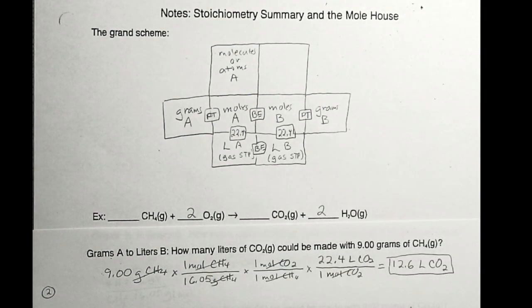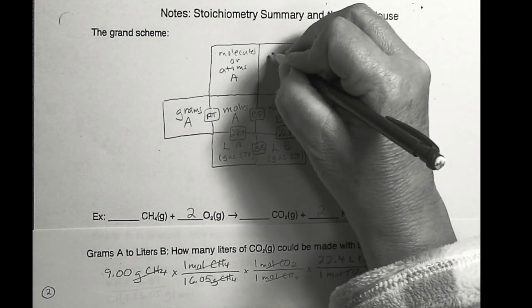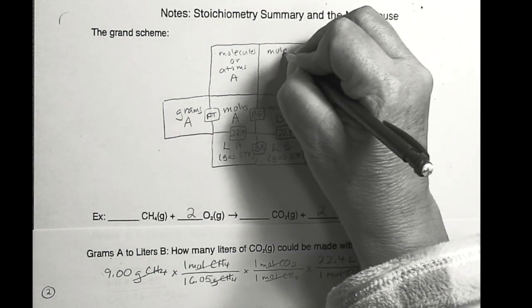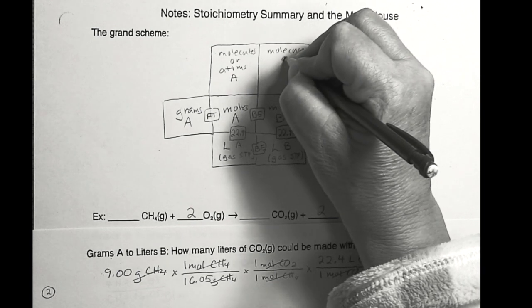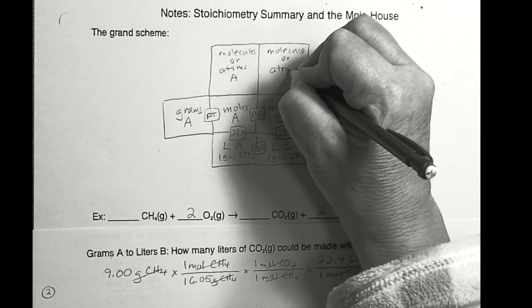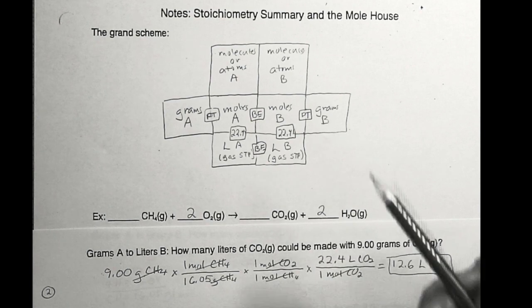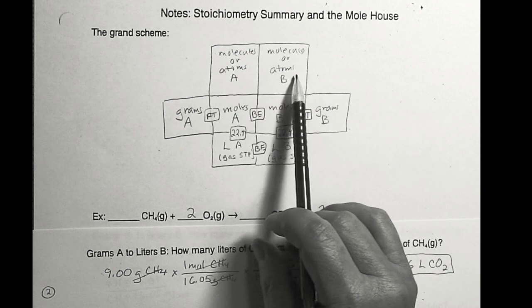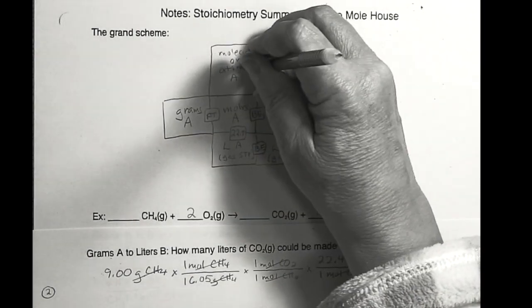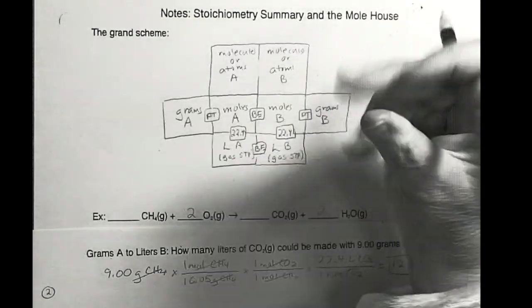So we can have molecules or atoms of A, and a room that's molecules or atoms of B. If you think back to the balanced equation, you could say 1 molecule of CH4 plus 2 molecules of O2 produce 1 molecule of CO2 plus 2 molecules of H2O. So I can go from molecules of the first thing to molecules of the second thing, just once again with the balanced equation.